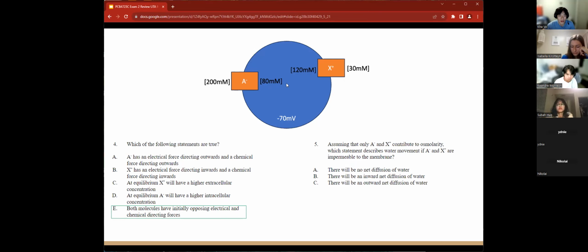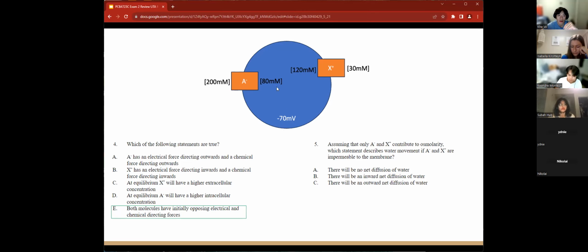And so the reason why A minus will actually have a higher extracellular concentration is because, basically, if the concentrations were equal on both sides, there will still be a negative charge on the inside of the cell.